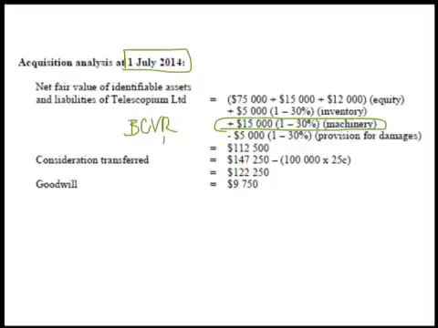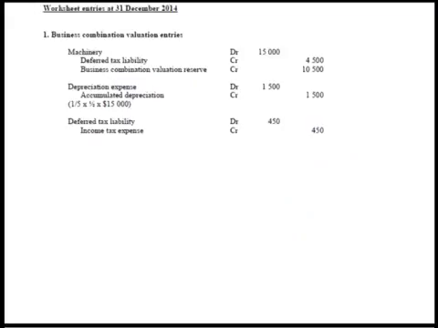What we now need to consider is, on the date of the consolidation worksheet preparation, which is in this case just 6 months later, whether that machinery still exists in the accounting records of the group, or whether it perhaps has been sold, or if in later years it's fully depreciated, in which case it will have an effect on whether the BCVR entries are included or not.